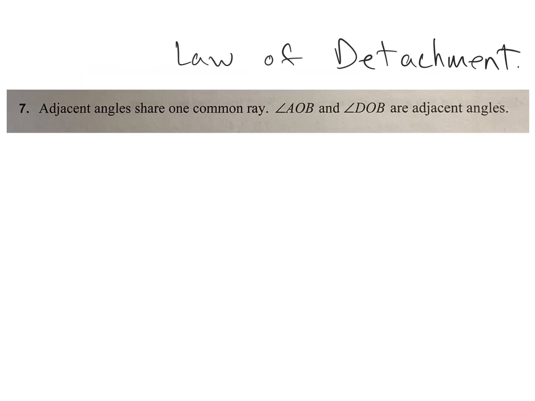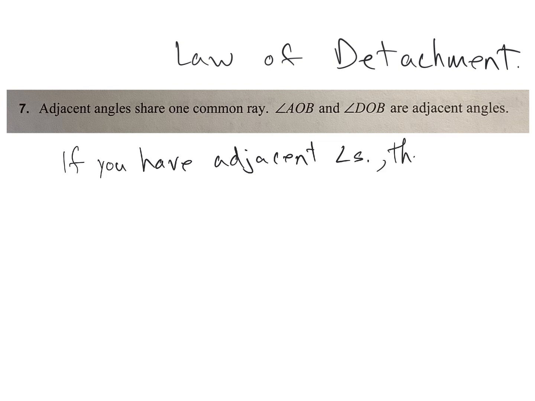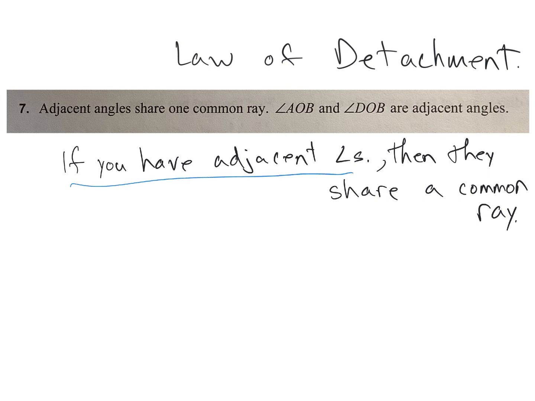The first part should say, if you have adjacent angles, then they share a common ray. The law of detachment, all you have to do is identify the hypothesis. In this case, your hypothesis is if you have adjacent angles.